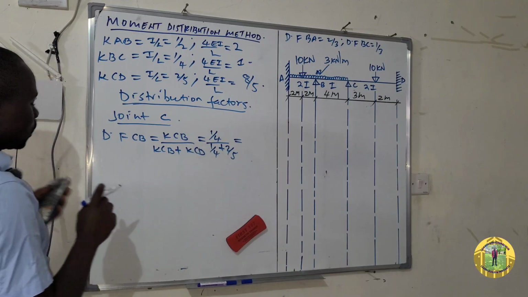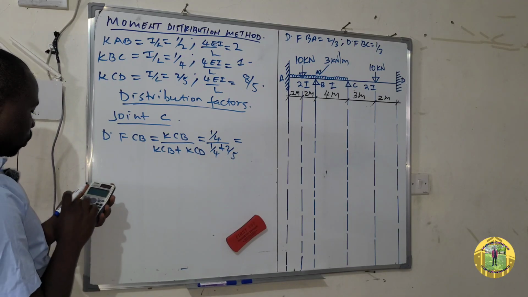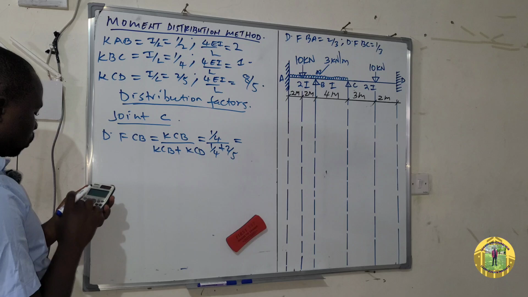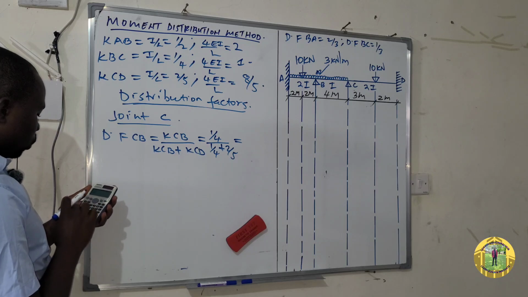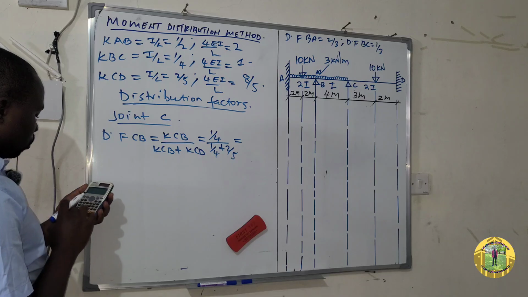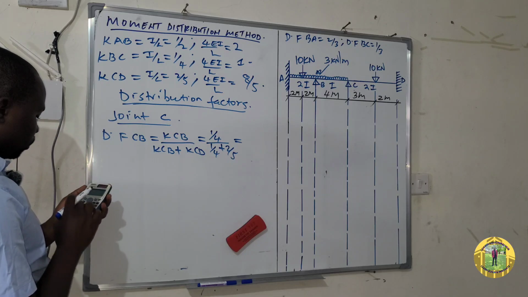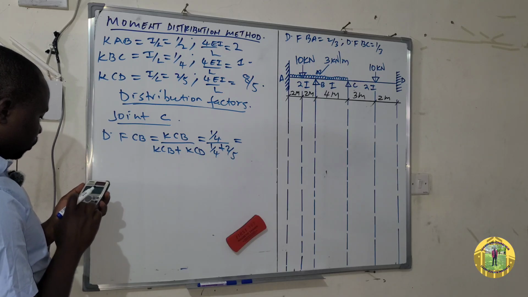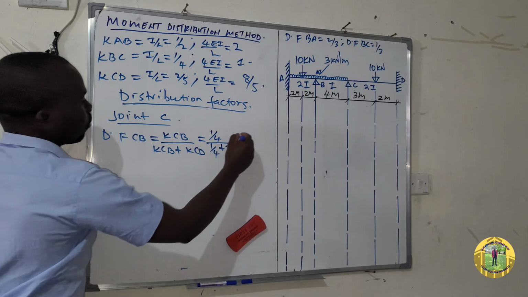So this one will give us 1 over 4 divided by 1 over 4 plus 2 over 5. So it's 5 over 13.